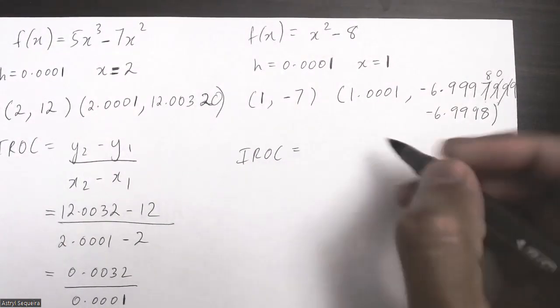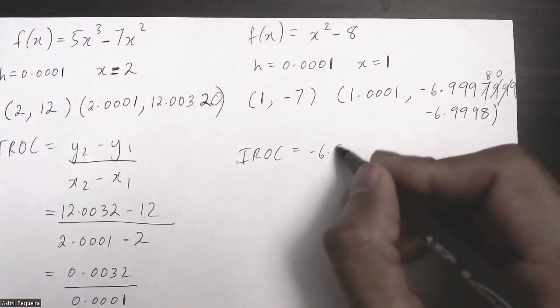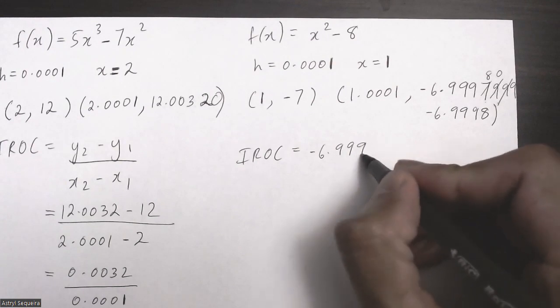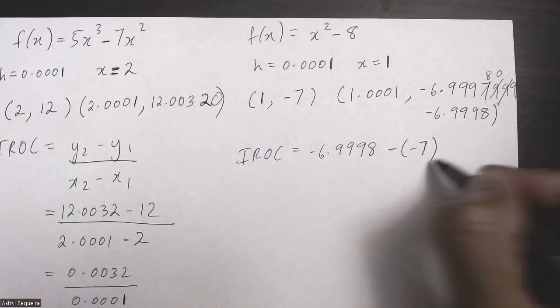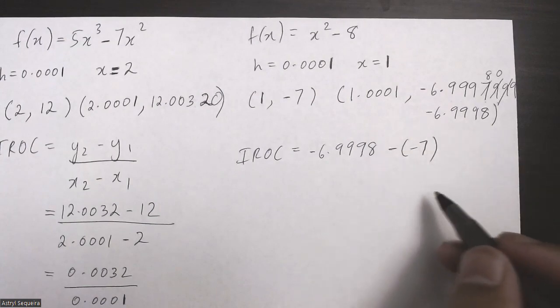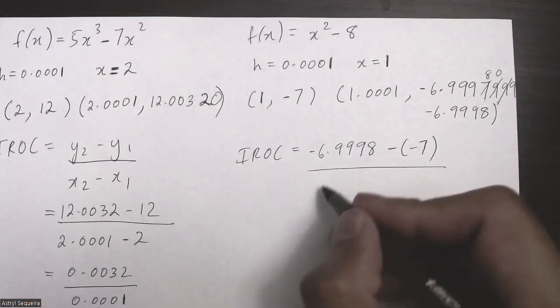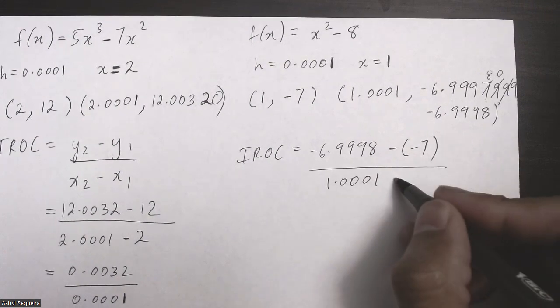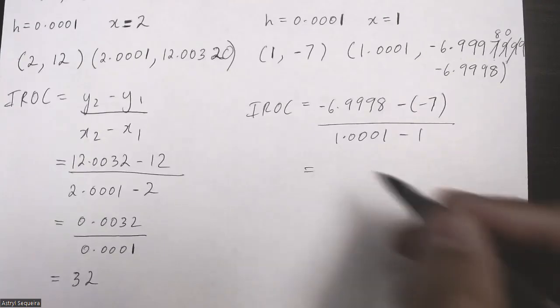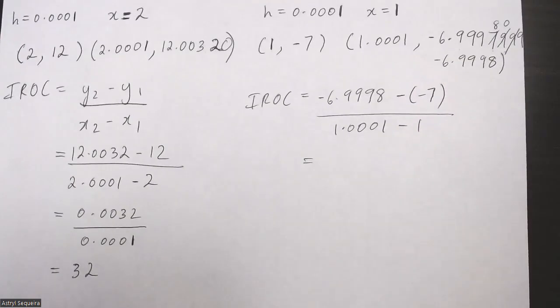So let's do our calculation. IROC is y2, negative 6.9998, minus y1, divided by the denominator, which is always going to be 0.0001, basically your interval, but I'll just write out that whole calculation over there. So I'll do this in my calculator now, negative 6.9998, basically plus 7.